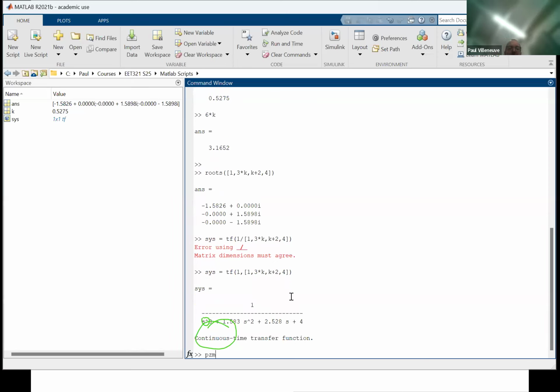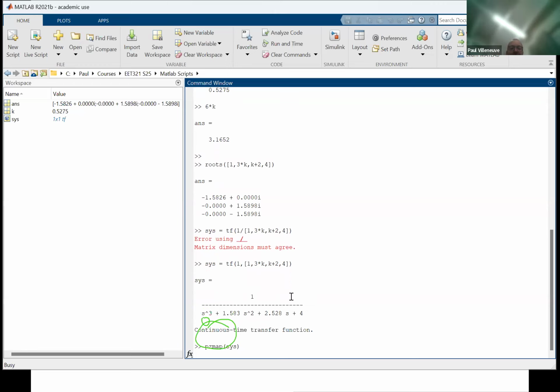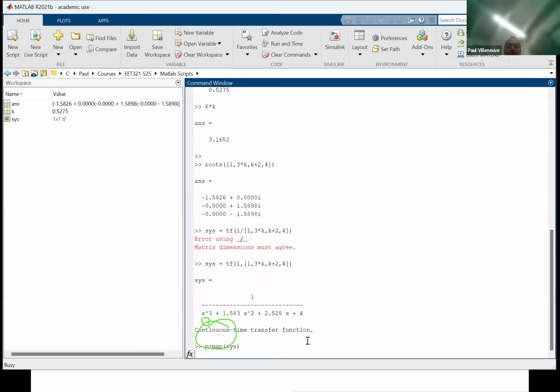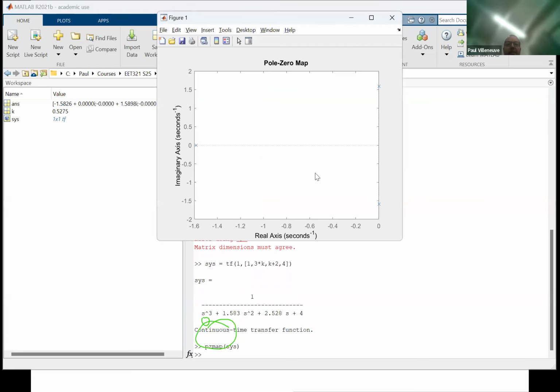And then if I do a PZ map of my system, we should be able to see, if it ever brings it up, it's coming out. Oh, there it is.